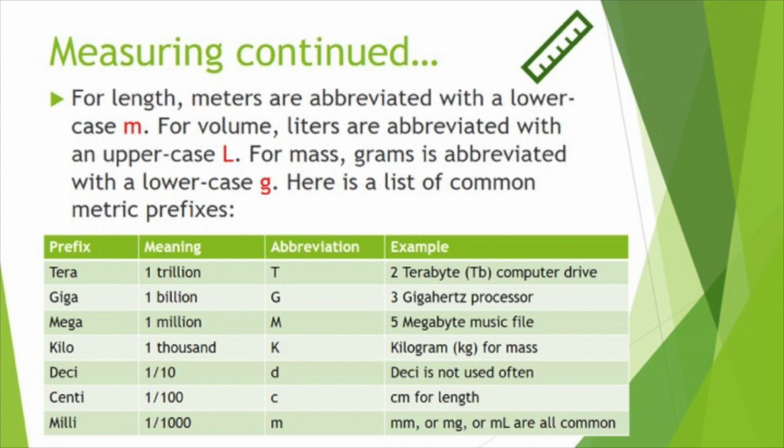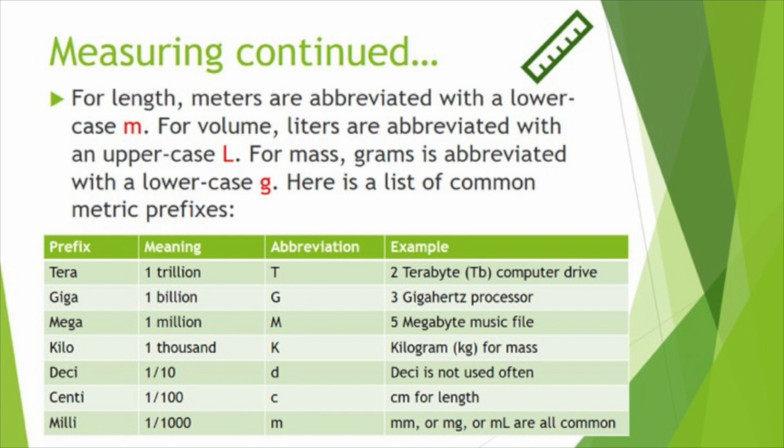So here are some of the common prefixes you can put in front of these. Tera, which means 1 trillion. You probably see computers now and external hard drives that are 1 and 2 terabytes in size. That means that they have 1 trillion bytes of space on them to store stuff. Giga is the more common one. Your phones are 32 gig and 64 gig and 128 gig and all that.